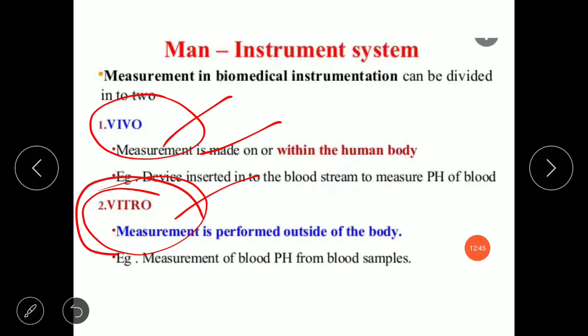An in vitro measurement is one carried out outside the human body, for example, taking a blood sample from the human body and performing the measurement using a test tube. So in vitro means test tube or glass-related measurements.